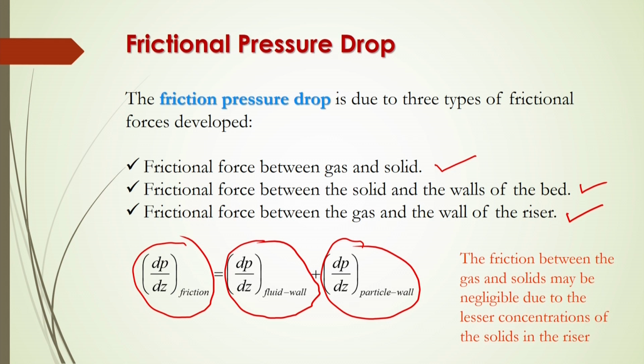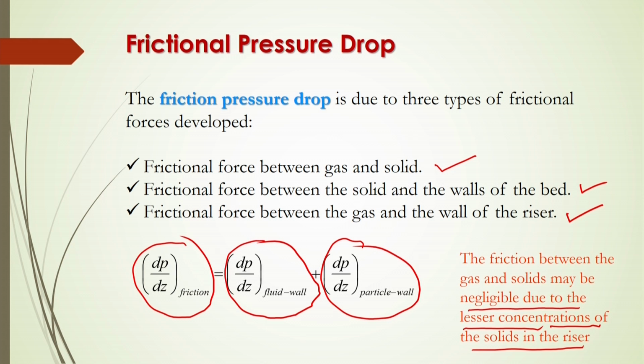The friction between gas and solids may be negligible due to the lesser concentration of the solids inside the bed. So, here you can neglect the frictional pressure drop between solid and gas if it is only gas solid operation, but in case of liquid solid operation you cannot neglect this one.